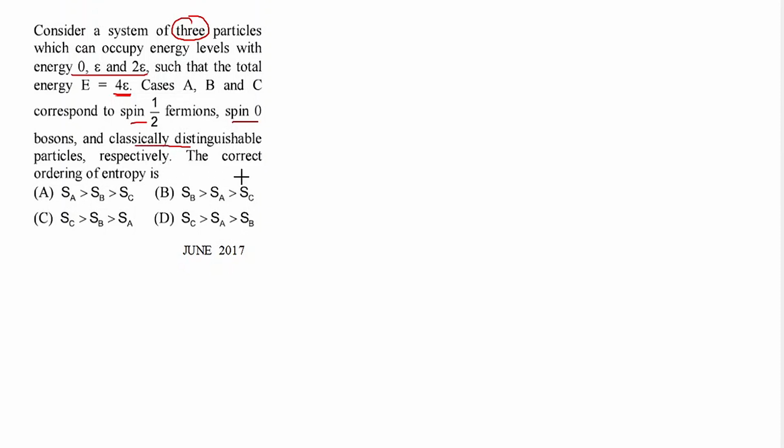So we have to state the correct order of entropy, that is, amongst these which is the correct order of entropy. First we will be solving for classically distinguishable particles, that is C over here.